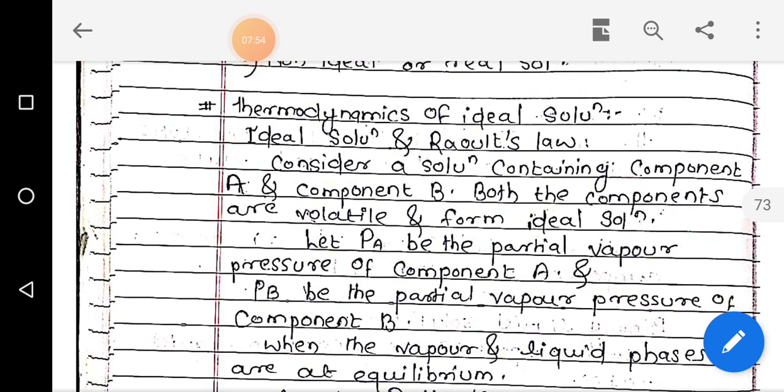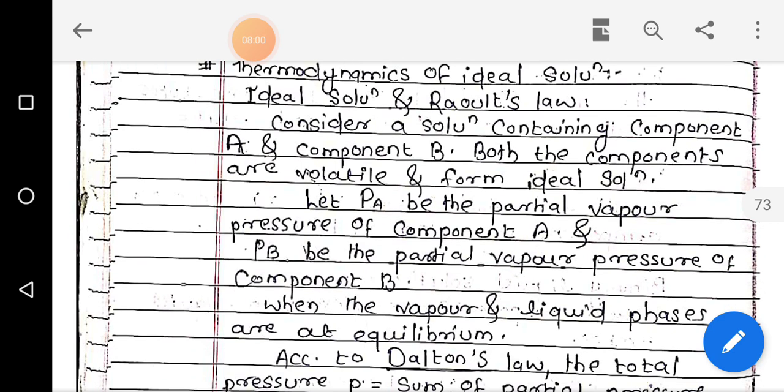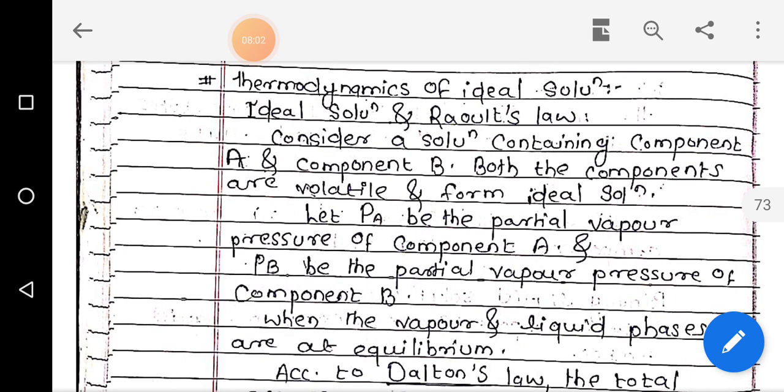So the next point is the thermodynamics of ideal solutions. What is the thermodynamics of ideal solutions? The ideal solution and Raoult's law. In the thermodynamics of ideal solutions, we are studying the ideal solutions and Raoult's law.